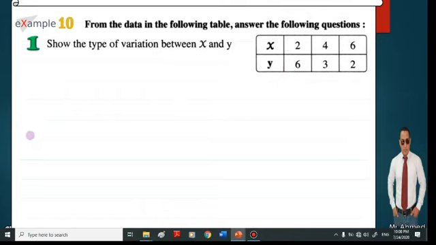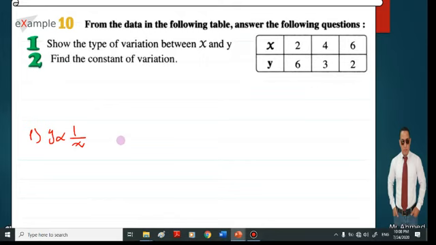So, number 1, y varies as 1 over x. The second required: find the constant of variation. Since it is an inverse variation, y equals m over x.